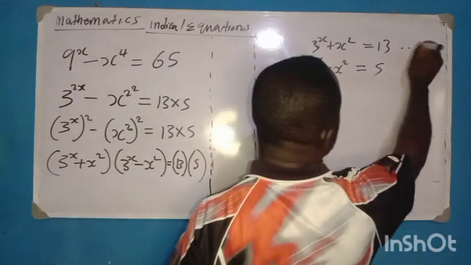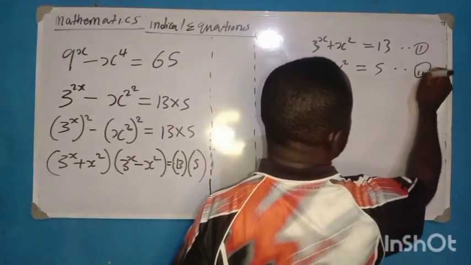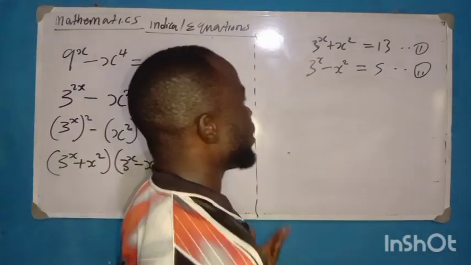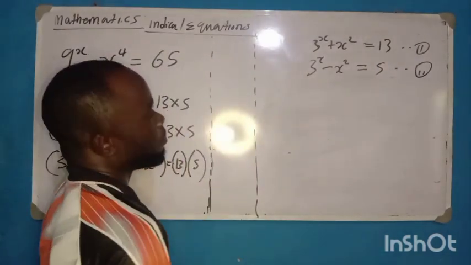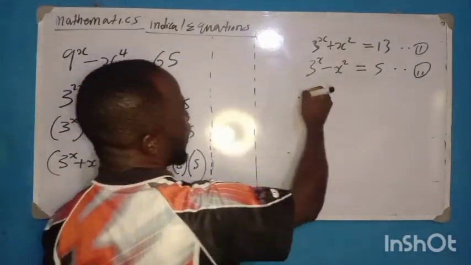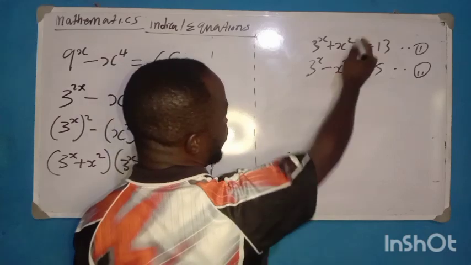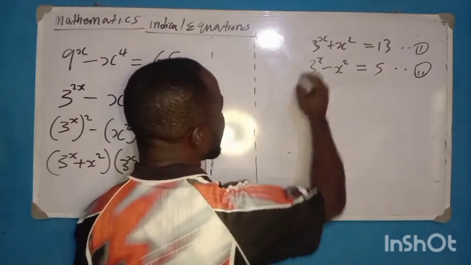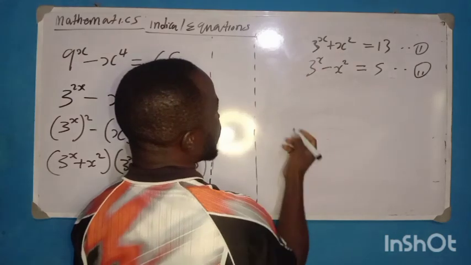Now, for me, it's very simple. We use simultaneous equations to evaluate that. You can use any method. Let us use the elimination method. You can decide to eliminate this first or eliminate this first, either way you get the correct answer. So let's add these.